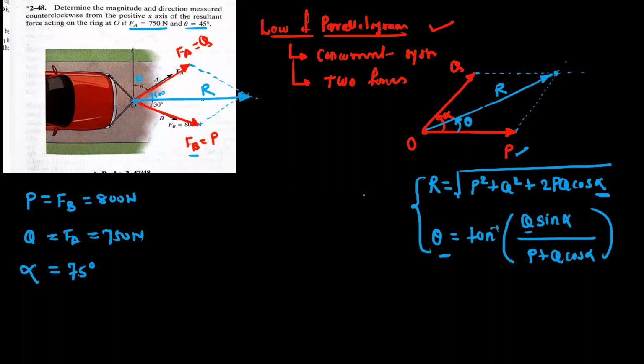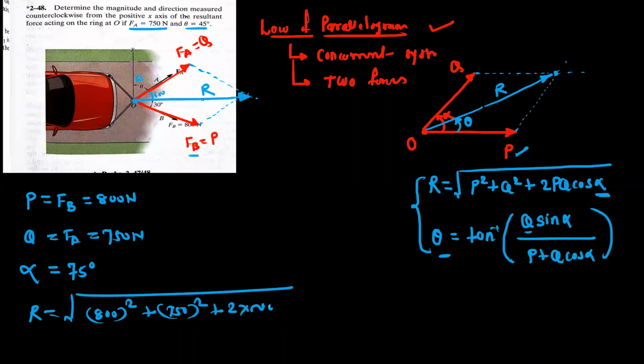So from this information, get the value of R, which is square root of 800 squared plus 750 squared. Find out this answer, the resultant. The unit will be Newton.